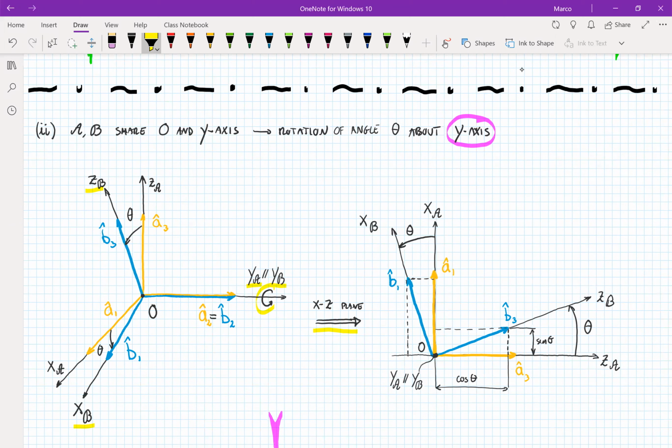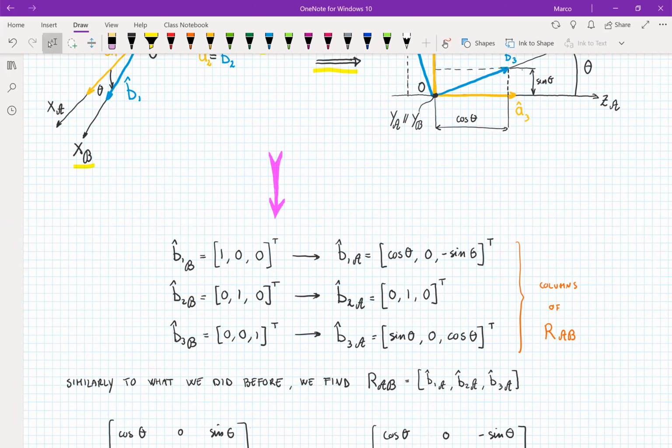And as I did before, I can write down the versors and their components in both A coordinates and B coordinates. I don't think I have to repeat the same thing, but the key thing is that you express once again the versors of B in both the B coordinates and in the A coordinates.